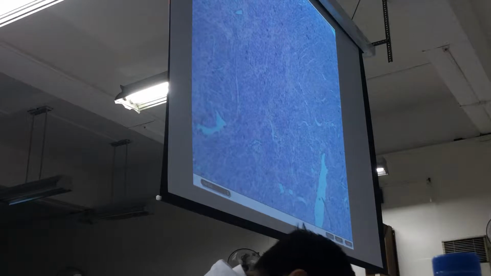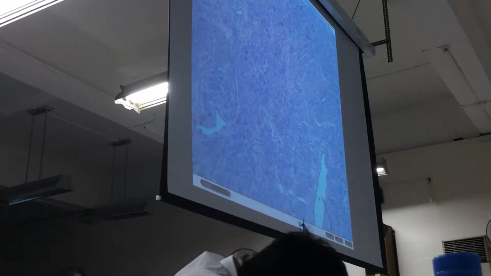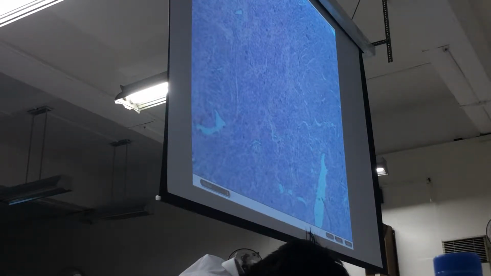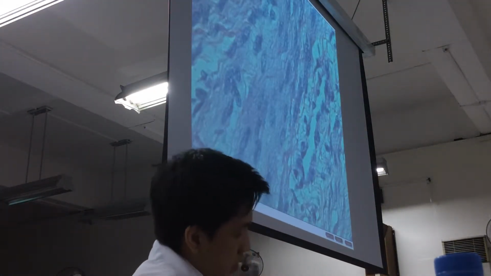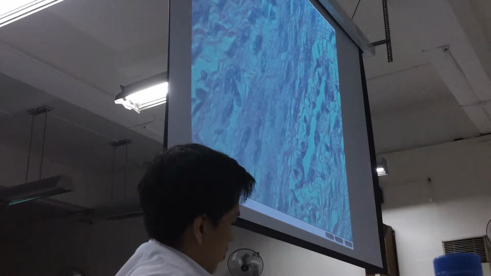So let's start with the normal uterus. This is what you're seeing on your screen right now. It's made up of interlacing fascicles of smooth muscle cells.